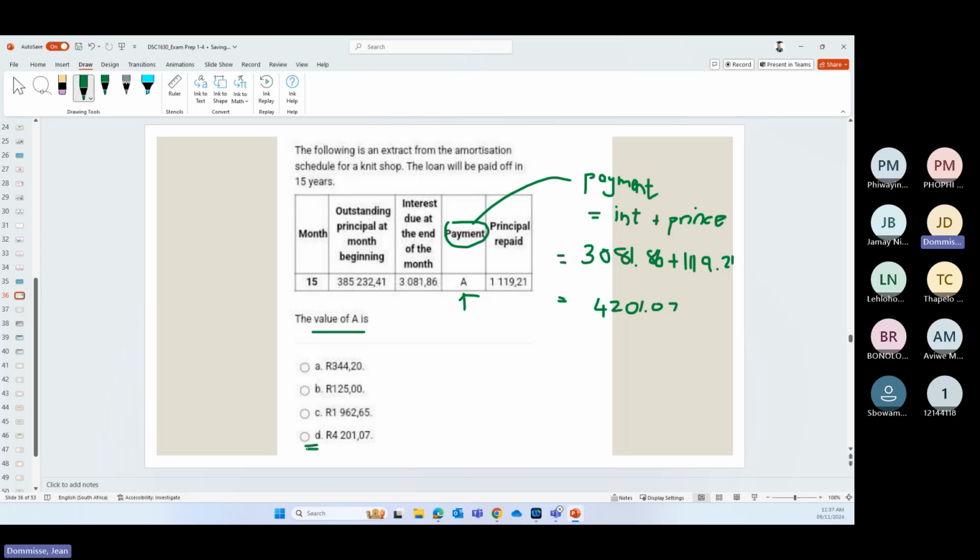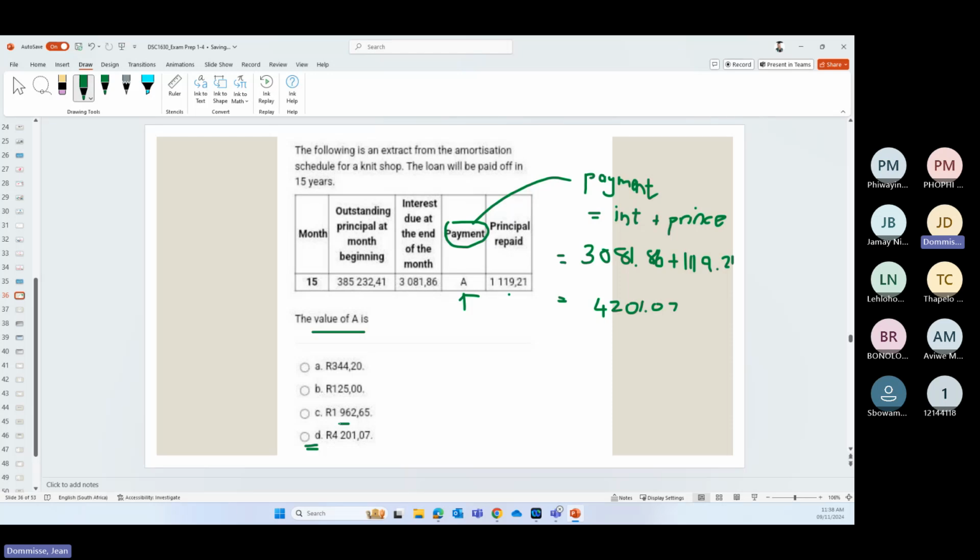So it's not difficult, but it makes sure that you need to know how the amortization table works. If you did 3081.86 minus 1119.21, your answer would have been 1962.65. So there is an answer for you if you did it that way.